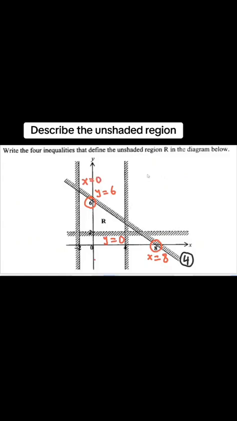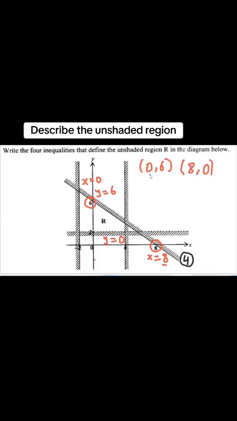So to make our coordinates, we are going to have 0, 6. So I've picked this, x equal to 0 and y is equal to 6. We are also going to have here, x is 8, what will be y? 0. Here we have said y is equal to 0.